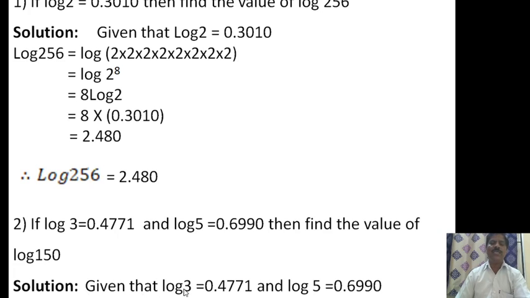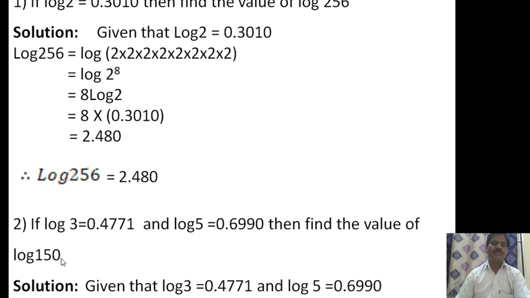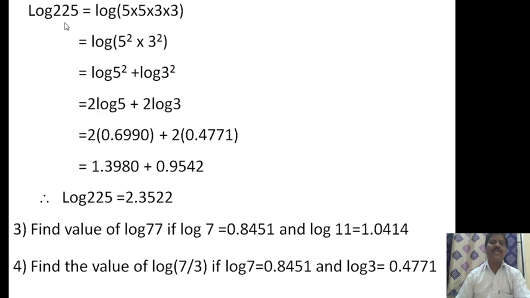Solution: given that log 3 is equal to 0.4771 and log 5 is equal to 0.6990, you have to make this value 225. Actually, by mistake I wrote 150 here, but I have taken log of 225.